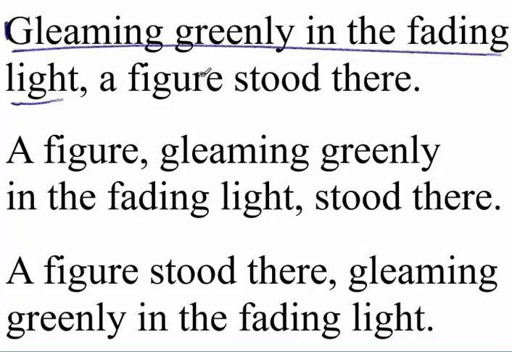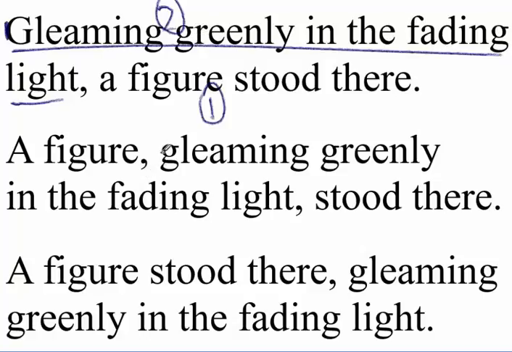So a figure stood there, that's our level 1. It's always our level 1. A figure stood there, it doesn't change. Okay, that's our level 1. And then our level 2, which is our free modifier, has been placed in front of the level 1. So a level 1 is always a complete sentence, and a level 2 is always a free modifier.